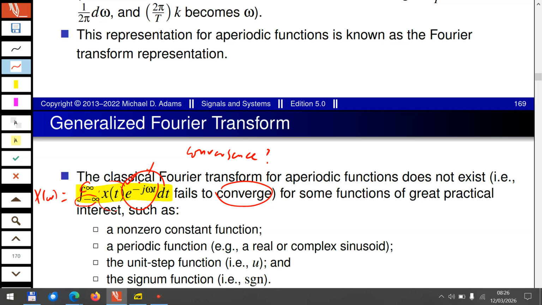Because when you multiply something, that will only help if the magnitude of that thing drops, and this magnitude is always 1, right? So the exponential minus j omega t, the magnitude is always 1. So when the magnitude is 1, this will not help you in any way. So x has to be such that it converges. If the integral doesn't converge, then this function cannot help you.